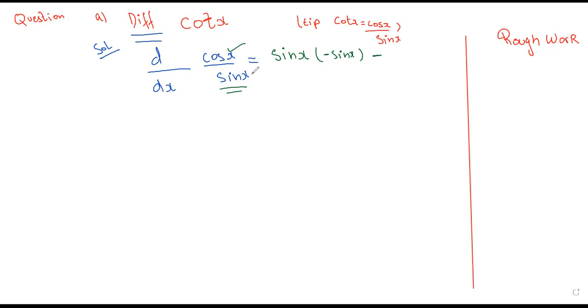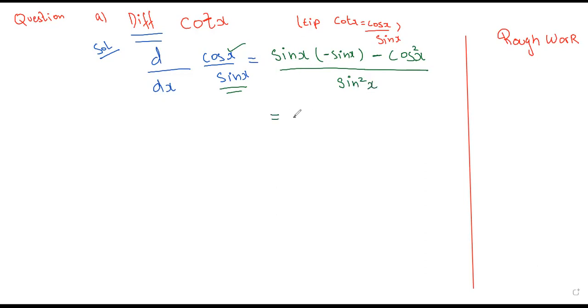Very good. Then the numerator would come, cos x. Yes, cos x. Excellent. So this would be cos x squared, right? Divided by? Divided by sine x square, sine square x. Very good. Sine square x.